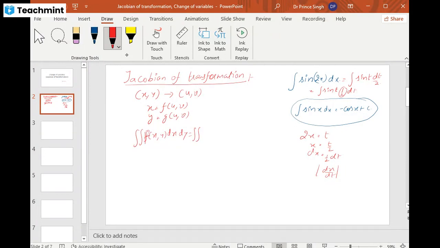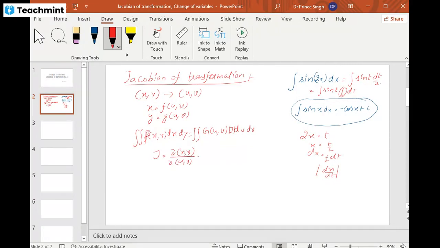This is capital F, so my new function will be g of u, v. But when we transform dx dy into du dv, then we need a transformation factor which is called a Jacobian of transformation. So what is the Jacobian of transformation? In this case, this is the Jacobian of x, y with respect to u, v.